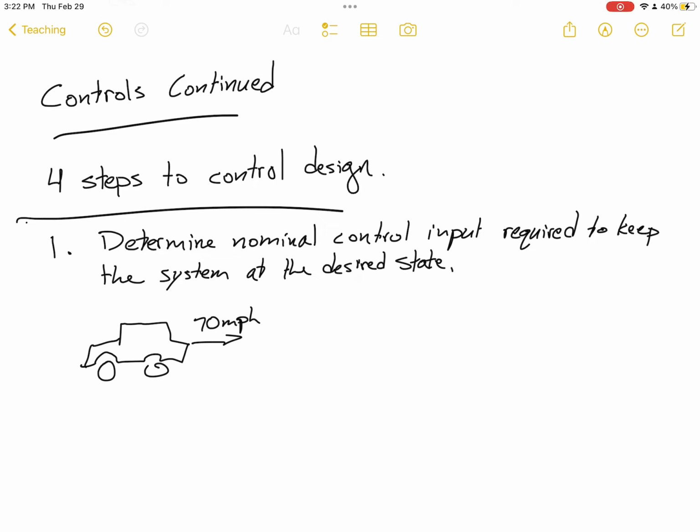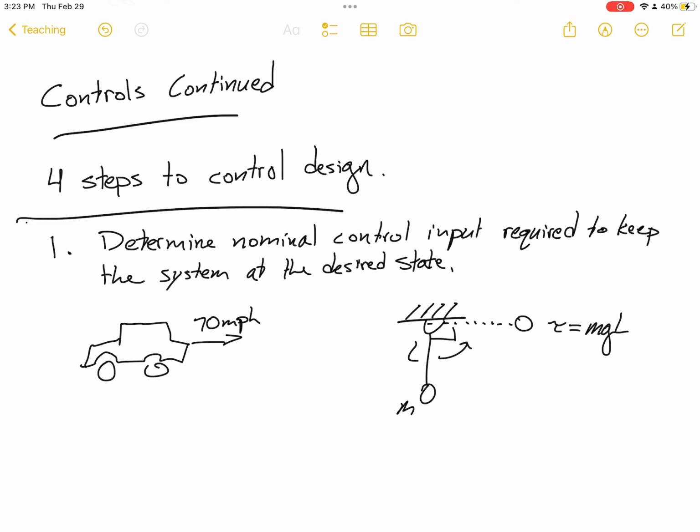Same thing with maybe a pendulum, right? If you have a pendulum, you've got some mass m and some length L, then if you want this pendulum to go out to 90 degrees, and you're able to apply some torque to it, based on the mass and the length and gravity, you know that that torque is going to need to be something like mgL sine of pi over 2, which is 1.